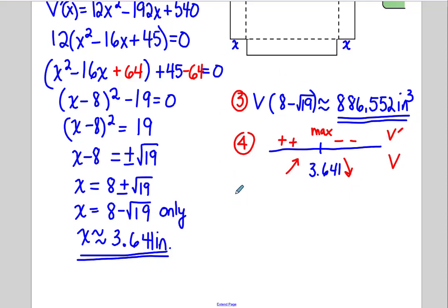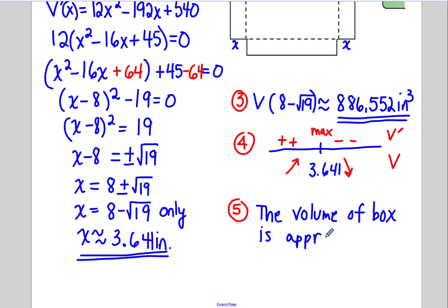So to clean that all up, you want to answer the question in a sentence. The volume of the box made out of sheet metal is approximately 886.552 cubic inches.